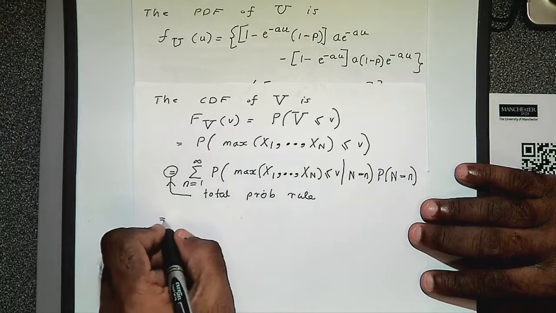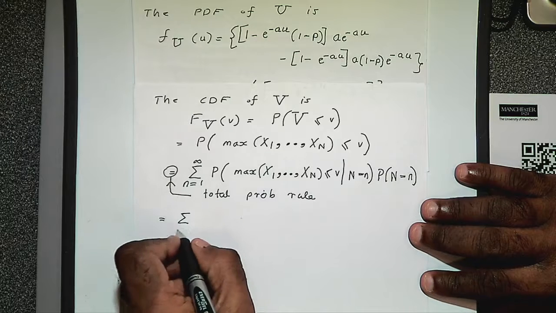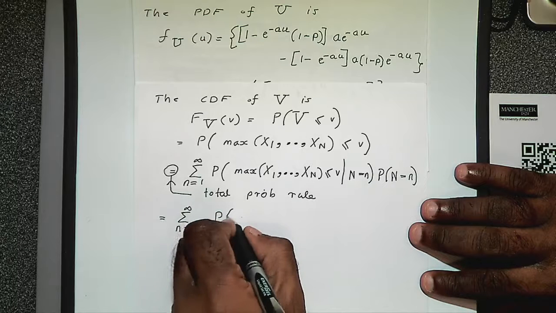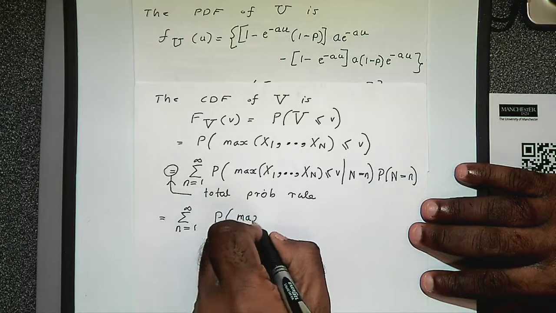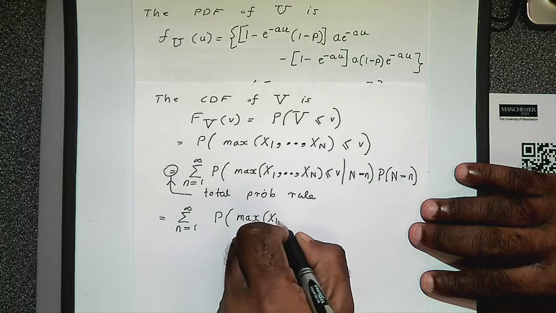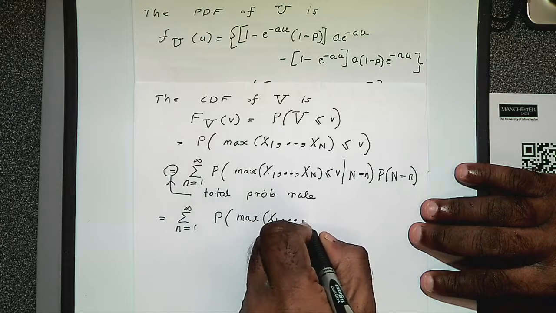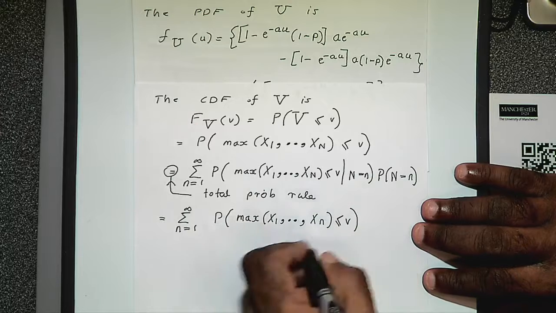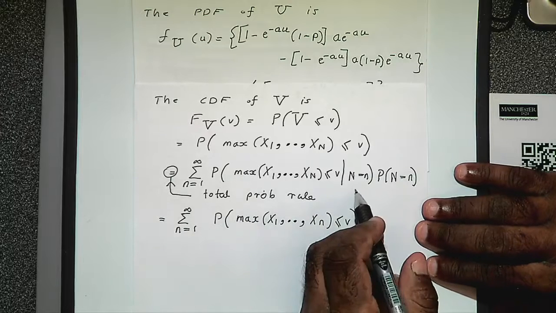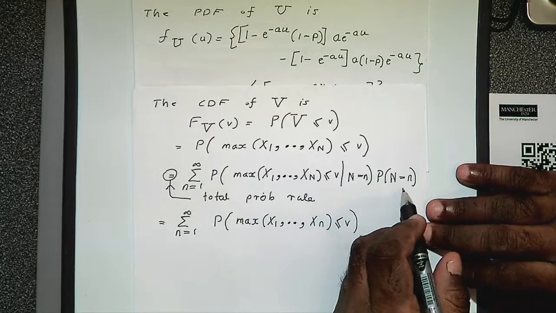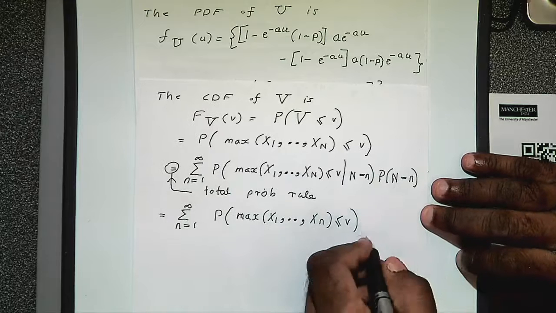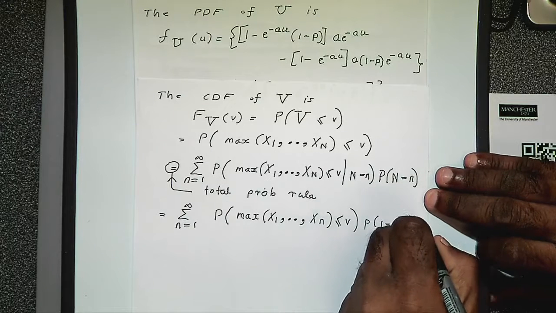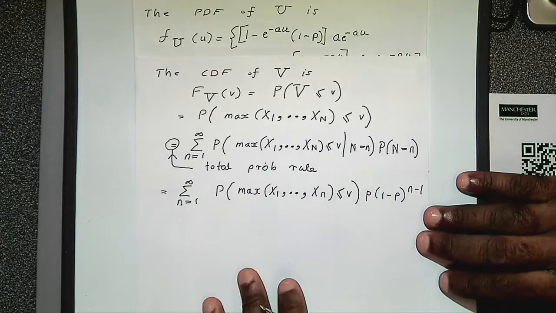Now this becomes, because I'm choosing capital N to be little n, and this is the probability of a geometric variable, which is p times 1 minus p to the power n minus 1.